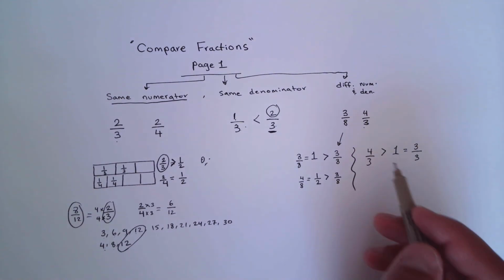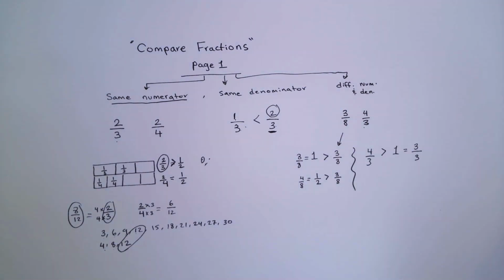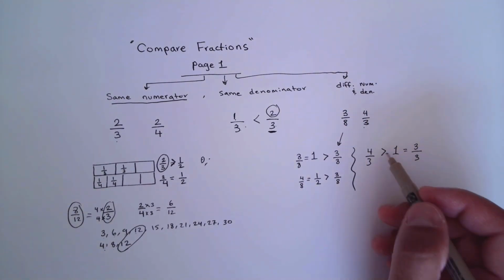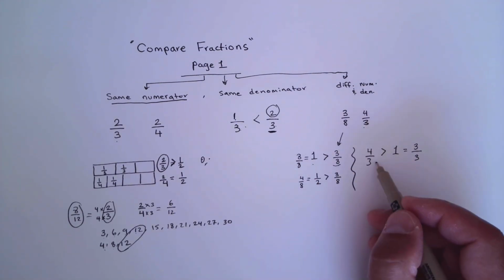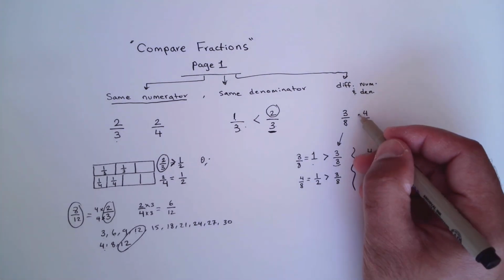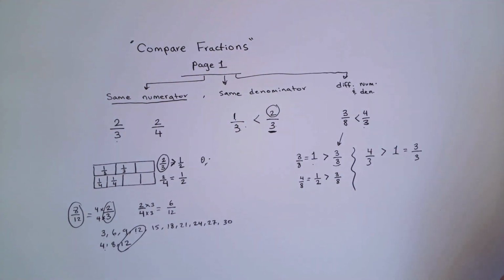So if you have 4/3, that means 4/3 is bigger. And the answer is already clear. You have one fraction that is less than a whole, and the other fraction is greater than a whole, so 4/3 is bigger.